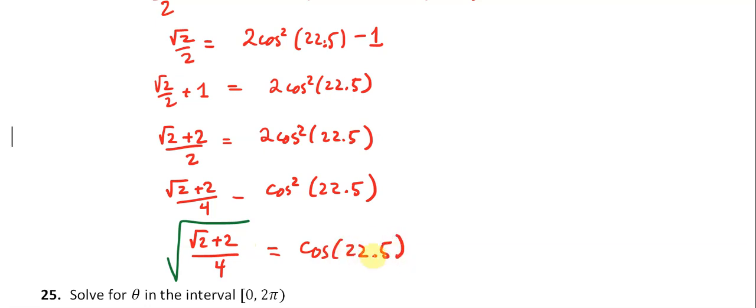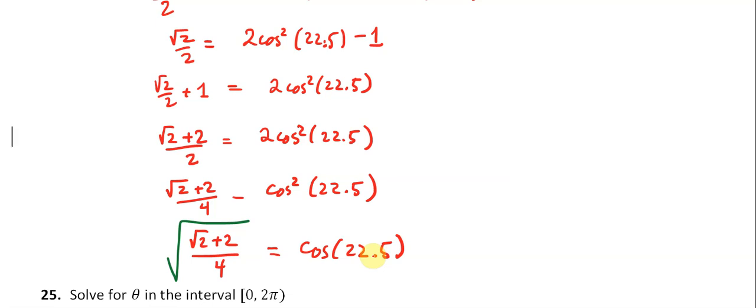I know this looks really weird and crazy, but it is an exact answer. We can actually use basic numbers, the square root of 2 plus 2, all of that divided by 4, and then the square root of that to give us the cosine of 22.5 degrees.